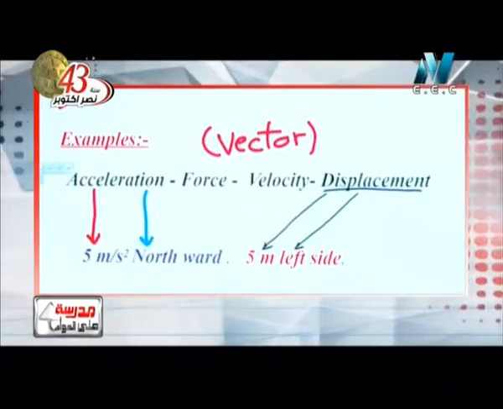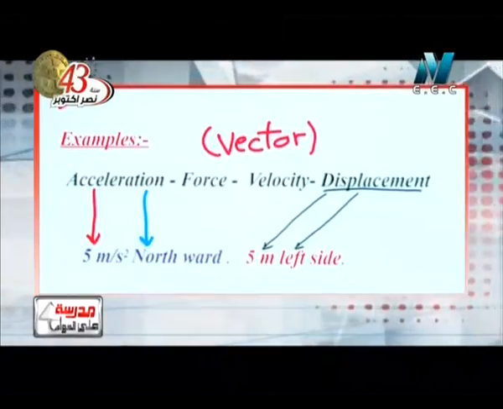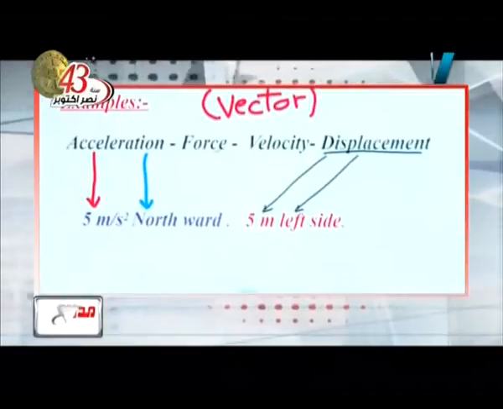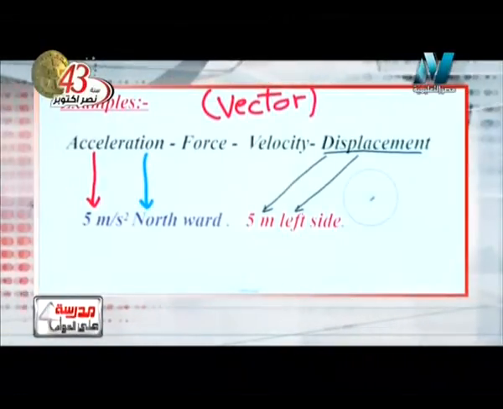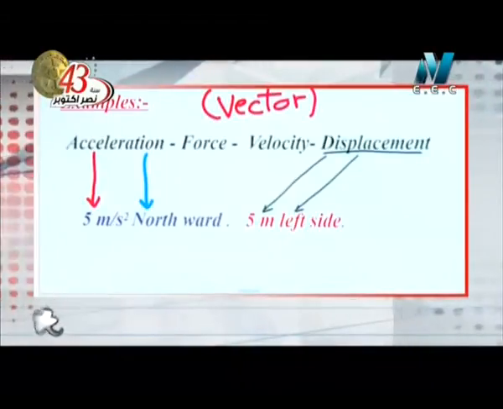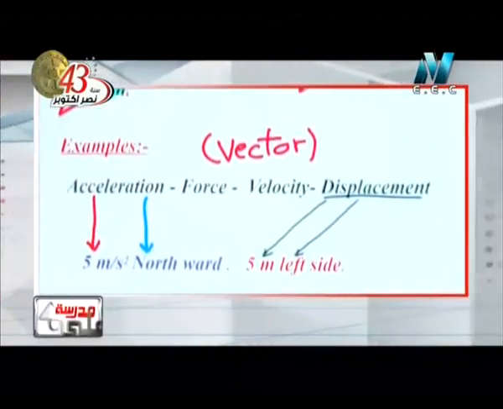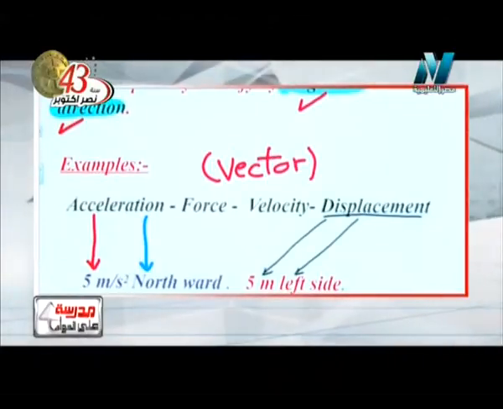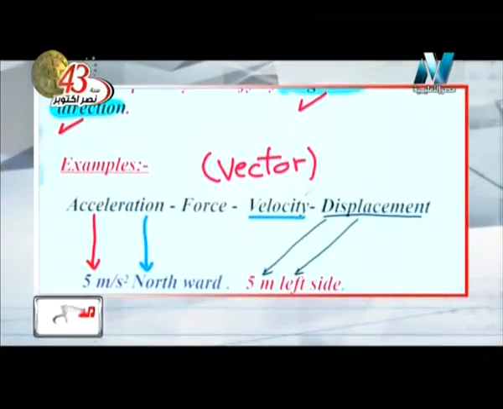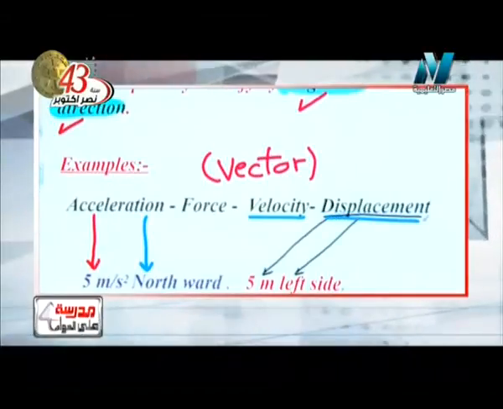So now we know the concept of vector physical quantities, as they are identified by magnitude and direction. Some students will ask how we can differentiate between velocity and speed, displacement and distance.